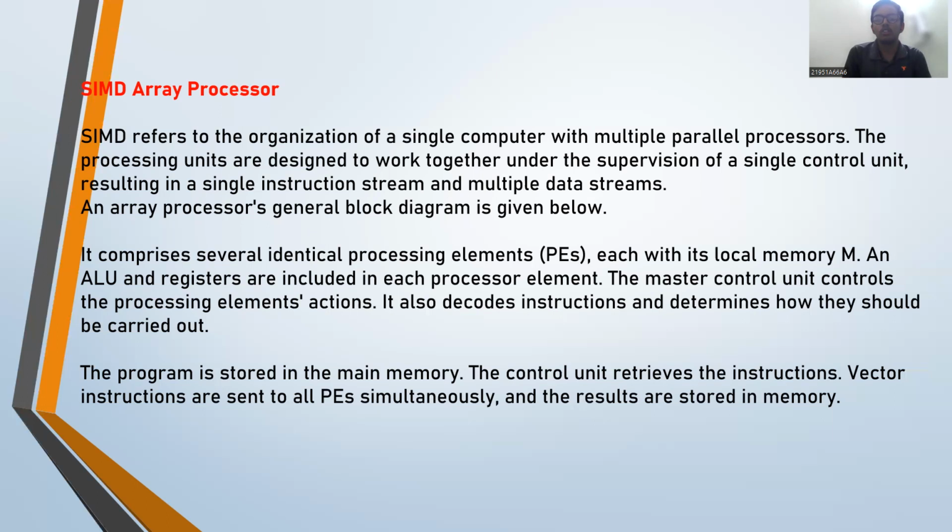It also decodes instructions and determines how they should be carried out. The program is stored in the main memory. The control unit retrieves the instructions. Vector instructions are sent to all PEs simultaneously, and the results are stored in memory.